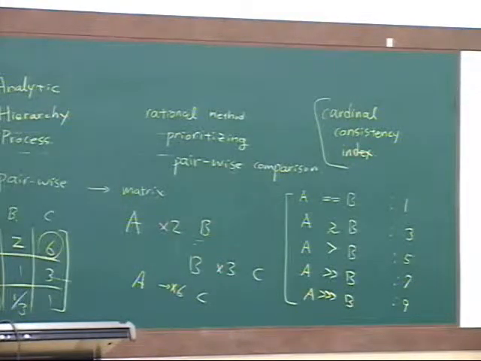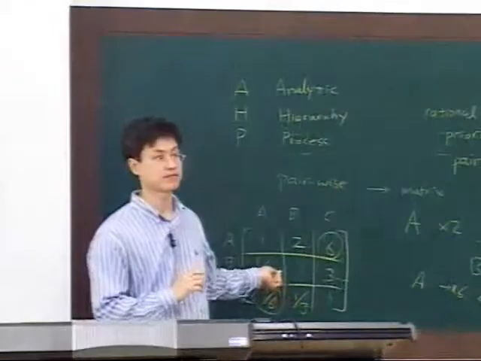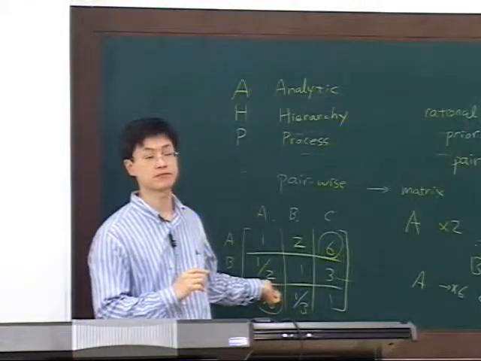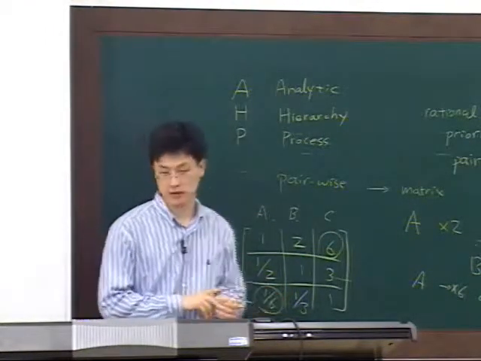However, before doing that, we need to consider the matrix itself. Okay, question. Can you calculate the eigenvalue of a matrix? Any problem in calculating the eigenvalue, lambda, of a square matrix? Okay.